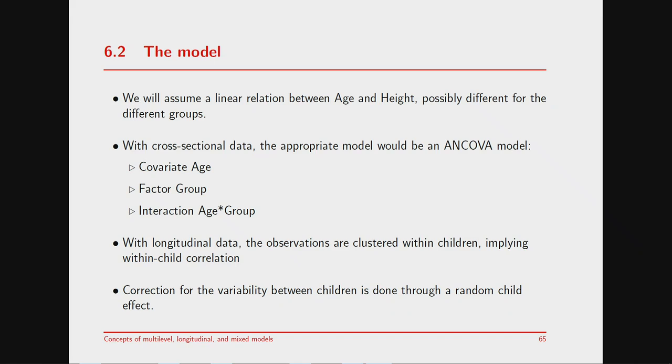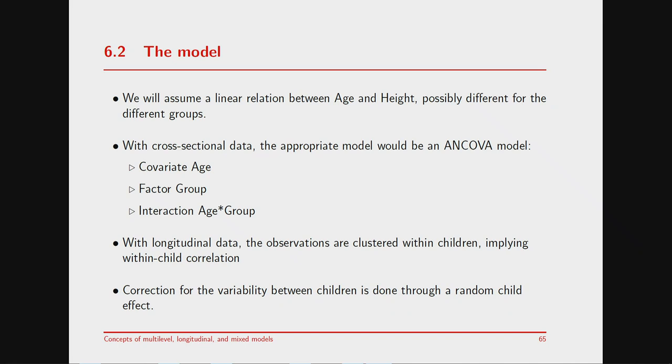So let's first think about what would be a plausible model for this data set if we would just ignore the fact that there's correlation present in the data set. So yes, we know that there's 20 children with 5 observations each. So that's 100 observations. But suppose that you would be given this data set and you have these 100 observations and no one would tell you that these are repeated measurements, that some of these measurements were taken on the same children.